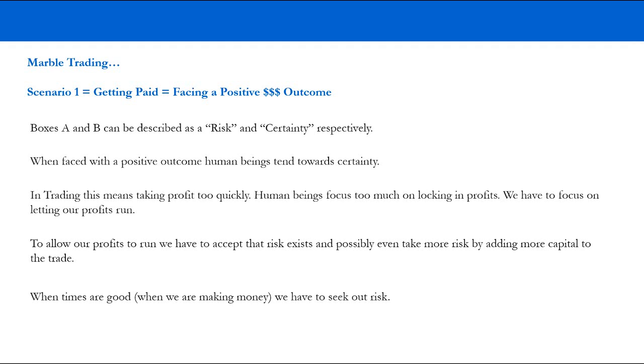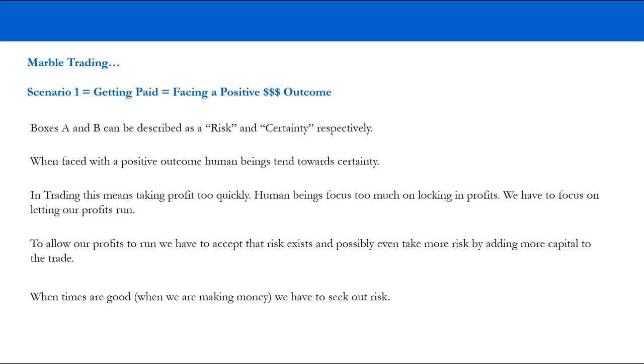So the outcome here, scenario 1, getting paid: when we take surveys on this with lots of people involved, especially in seminar rooms, when the Institute is presenting live, 80% of people in the scenario of getting paid, so facing a positive outcome, making money, will tend towards box B, and 20% towards box A. So if you wrote down box B, there's nothing wrong with that.